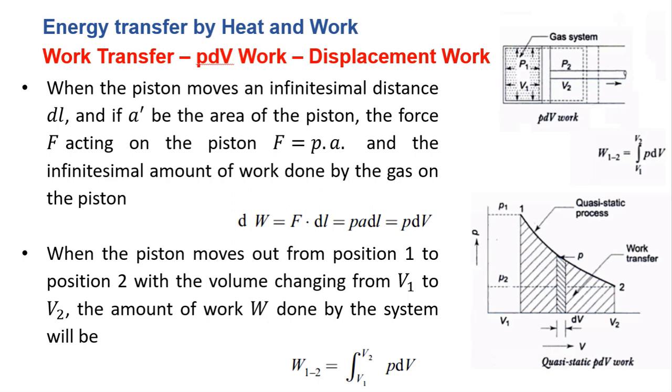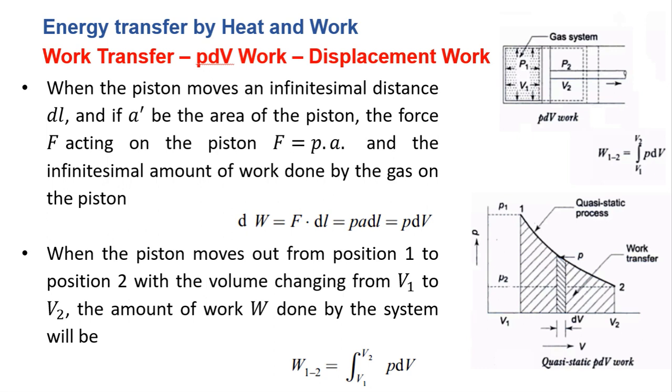When the piston moves an infinitesimal distance, this word will come again in FEA, finite element analysis. It is very small, and that is the quasi-static process, a very small, very slow process without disturbing equilibrium.